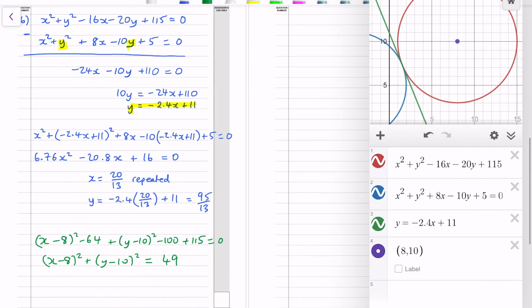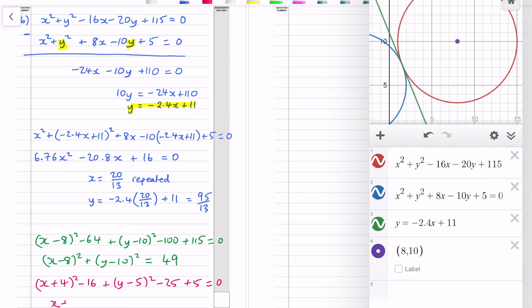The other one, okay, if I complete the square on the other one, x plus 4 all squared minus 16 plus y minus 5 all squared minus 25 equals, oopsies, plus 5 equals 0.